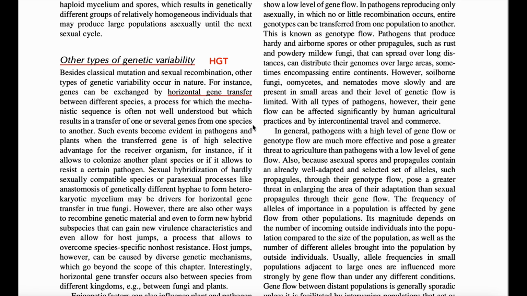Vertical means transfer of genes from its mother to its progeny. So what is horizontal gene transfer? It is a process of an organism acquiring genetic material from another organism that is not its direct parent or offspring.